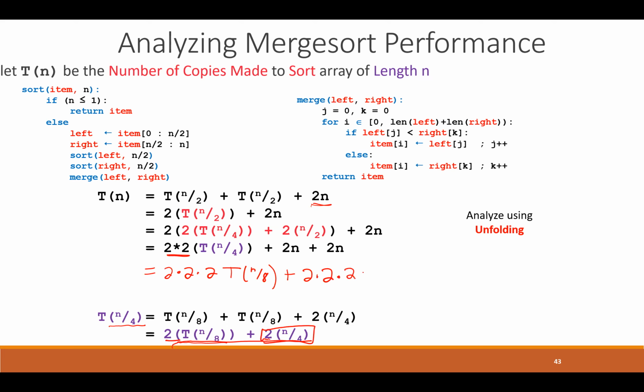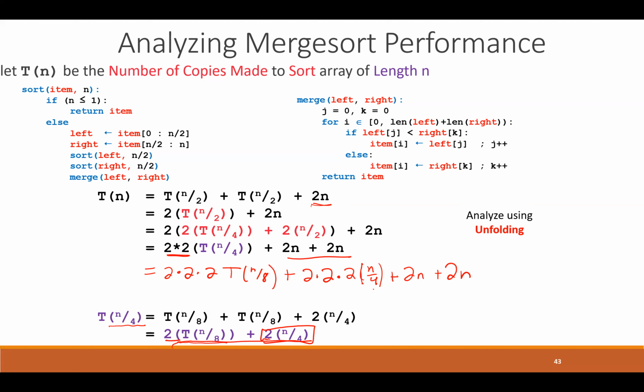So that's times 2 n over 4 plus, and then I can append these on. Right, so it starts out looking ugly, but once you do a little bit of algebra and work it a little bit, you start to see a pattern emerging, and then it gets easier to write the next one once you recognize the pattern.